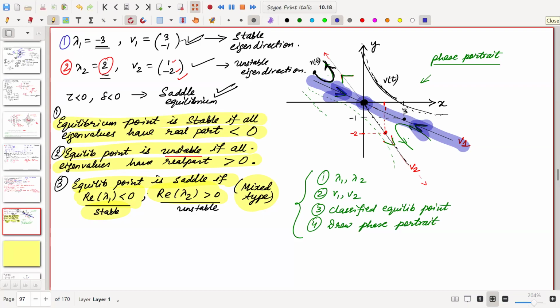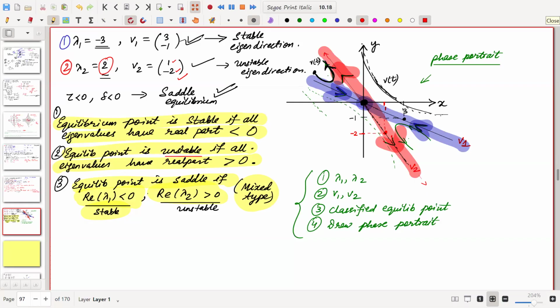Whereas along the other direction, you can clearly see that it is unstable, because along it trajectories go away from the equilibrium point at the origin. So there are two kinds of direction: a stable direction where trajectories approach the equilibrium point, and an unstable direction where trajectories move away from it.